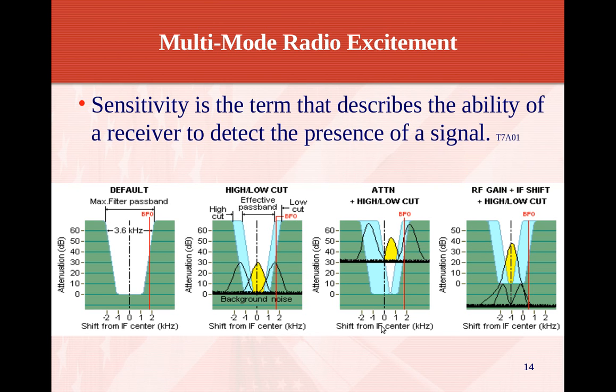You shift the IF center, off center with your BFO, or you can have RF gain plus IF shift, a high-low cut. So those are different methods of singling out that one station using some of your standard controls on your HF.